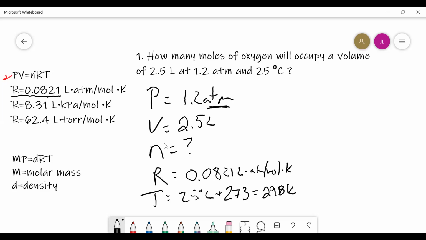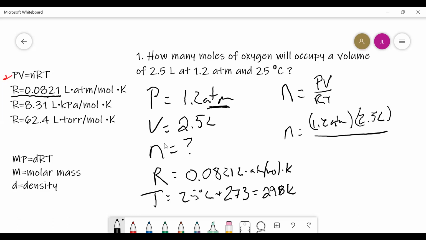So we can plug everything in. If I simplify this, n is going to be PV over RT. So n equals 1.2 atmospheres times 2.5 liters over 0.0821 liter atmospheres per mole Kelvin times 298 Kelvin.